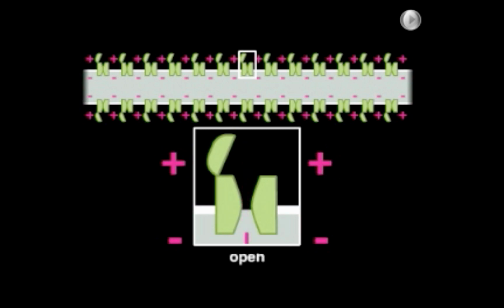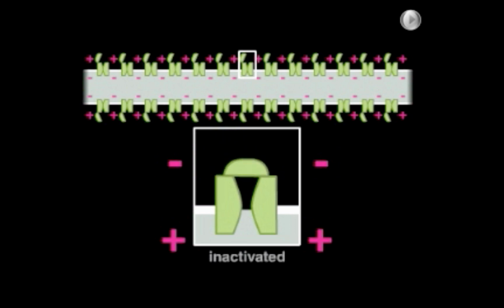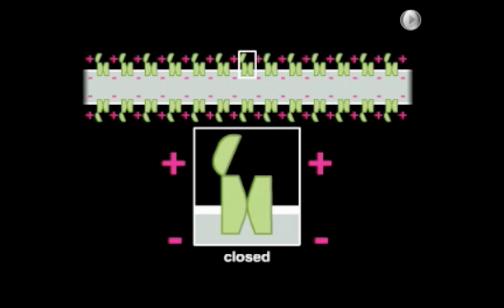Sodium ions rush into the axon, further depolarizing its membrane. Within a fraction of a thousandth of a second, however, the sodium channels switch to a new inactivated state, in which they are closed, but now also refractory to reopening. In this way, the membrane potential can recover quickly after an action potential has passed. The sodium channels then reconvert to the closed state, ready to be opened again when the next action potential is encountered.